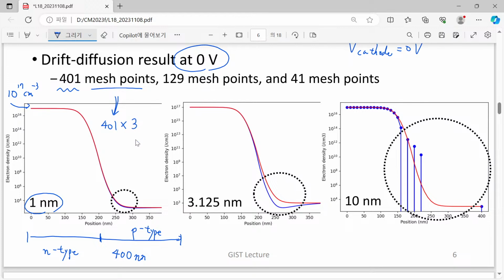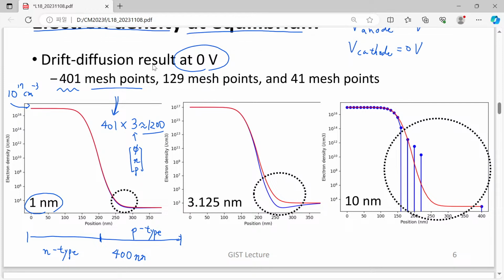So are you with me? This number 3 comes from electrostatic potential, electron density, and hole density. So you have almost 1200 unknown variables.